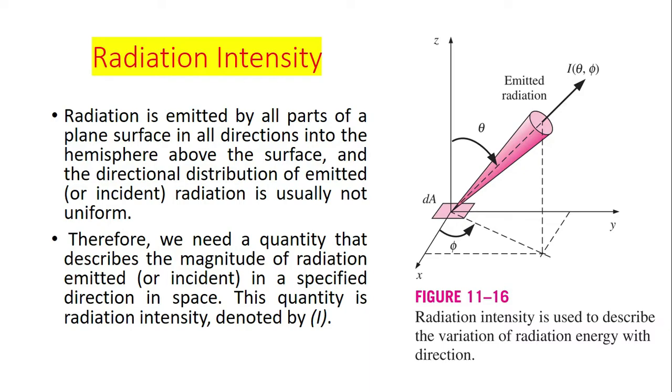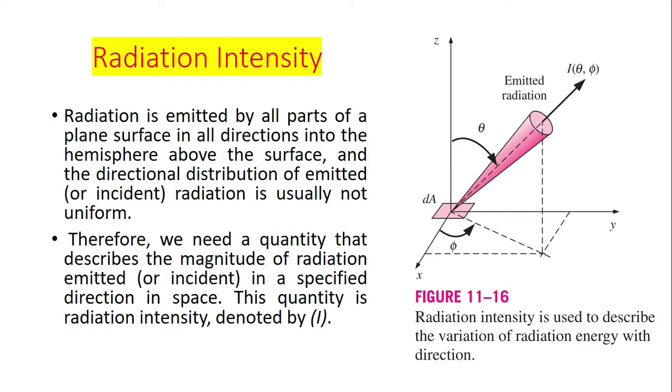In the case of black body radiation, we know that the radiation is emitted uniformly in all directions. So the radiation emitted by a black body per unit normal area is the same in all directions, and there is no need for a directional dependence to describe the radiation emitted from the black body.